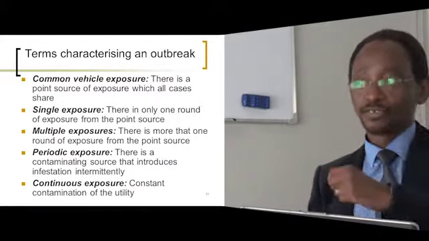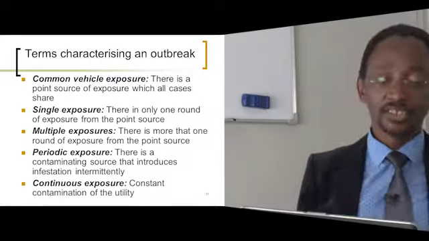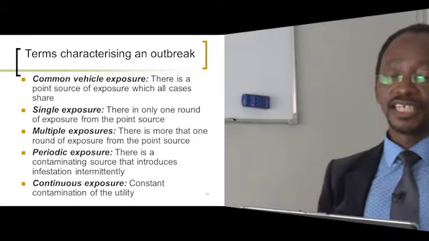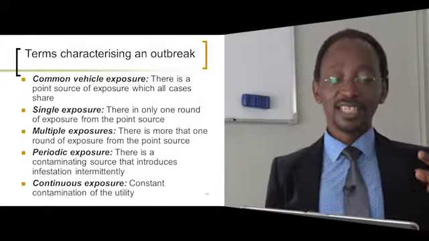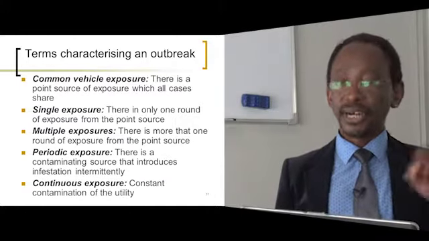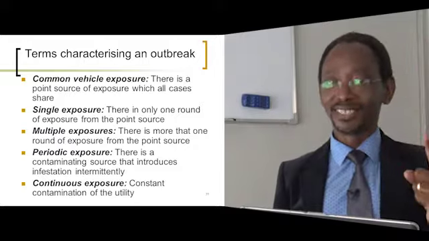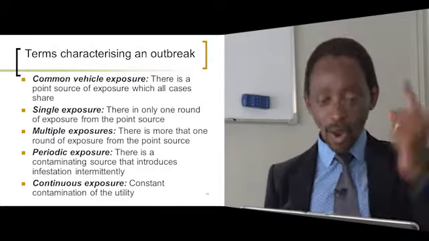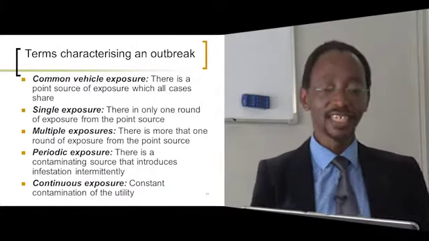A vector is moving from one person to another and infecting, so they share it. And a single exposure means that not only is there a point source, but a person is exposed to it once. They eat the sweet potatoes once, and bang, they get sick.